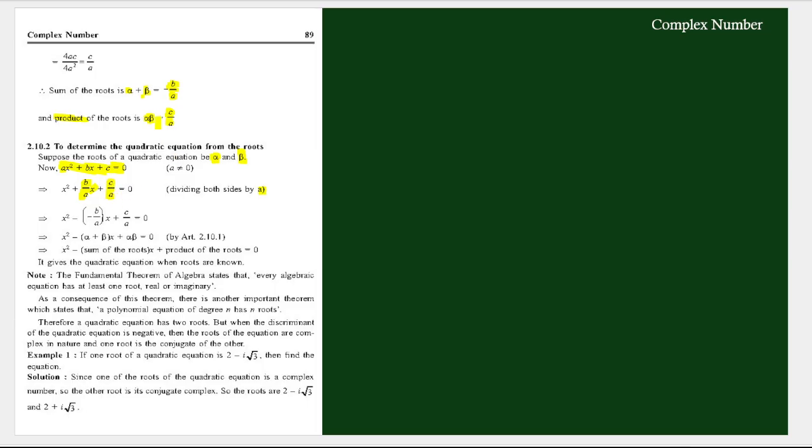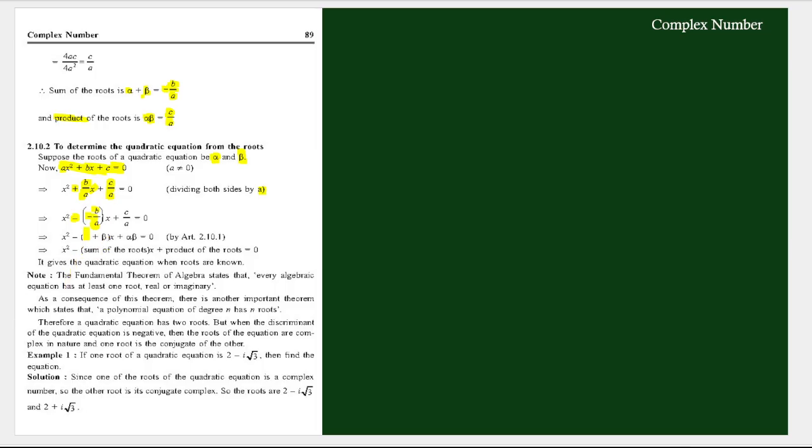So c by a is nothing but the product of the roots, and b by a is going to be the sum, but we need a minus in front of it. Here we have got plus, so we take minus common. If we give minus here, then we have to give minus here also. Now it becomes minus b by a, plus c by a.